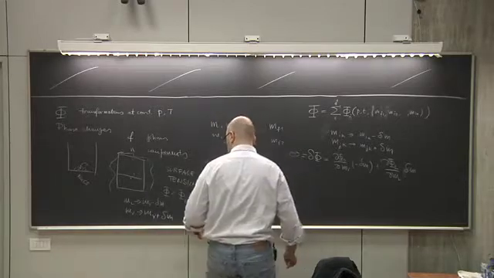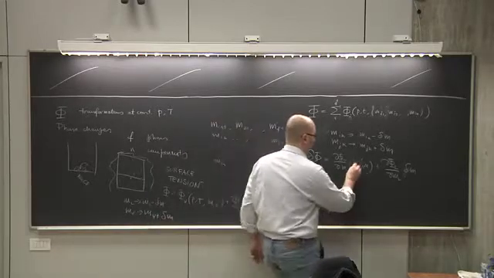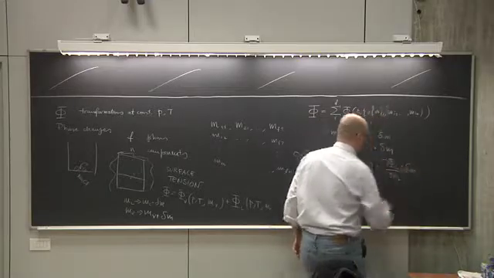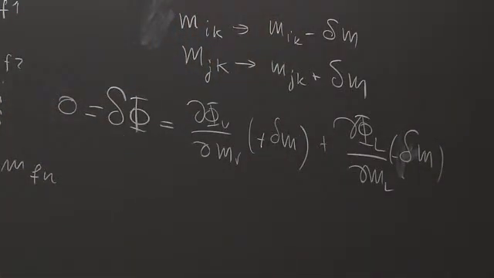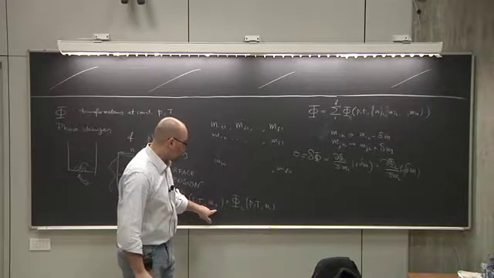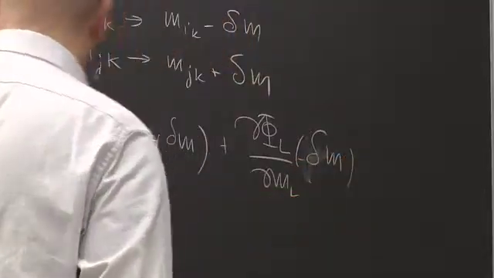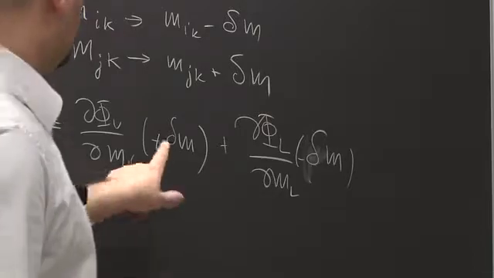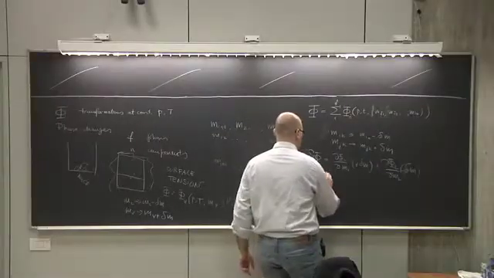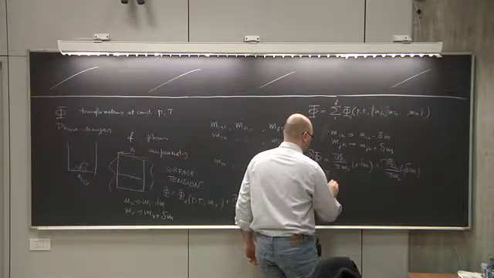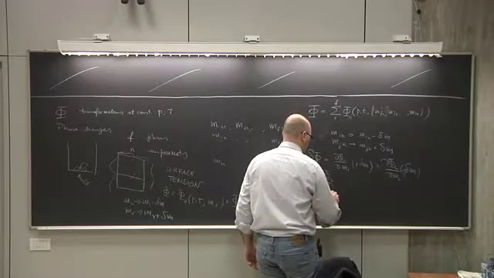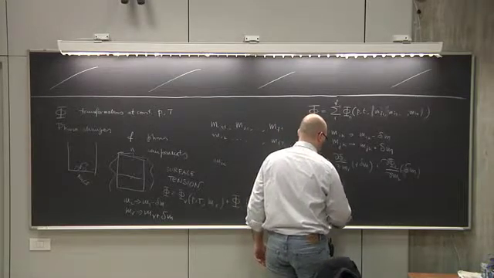Sorry, we decided to change, so this is plus, this is minus. Okay, there is a little bit of liquid that goes into vapor. Okay, so this change is negative, minus delta M, and this change here is positive, plus delta M. This is equal to 0. This means that the derivative of the enthalpy with respect to the masses have to be equal.